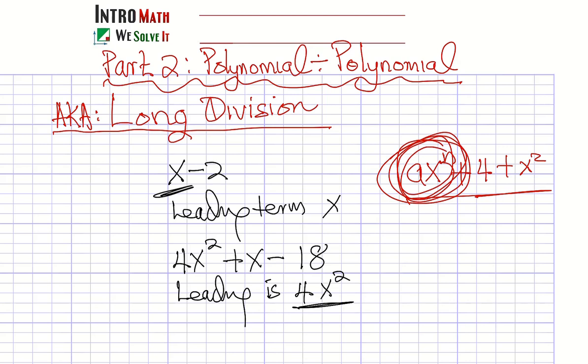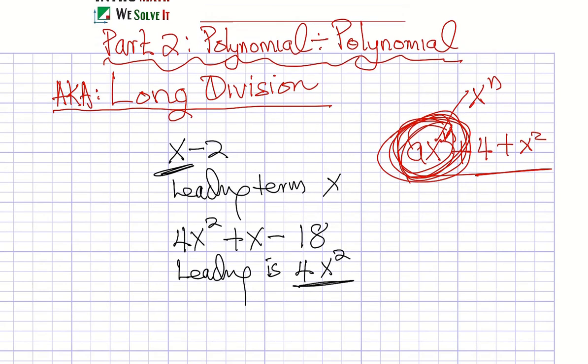I'm sorry, the leading term follows the leading exponent. And if something is multiplied with the leading term, let's say 6 is multiplied with it, then the whole thing is the leading term.